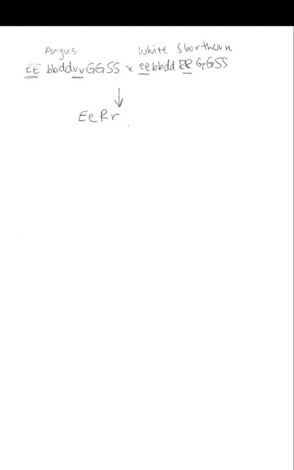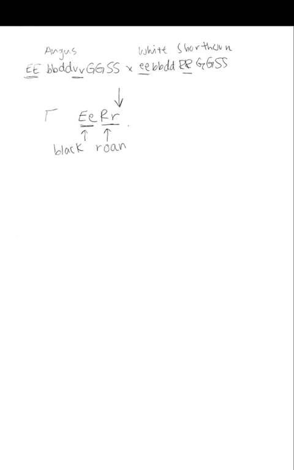And whenever I'm doing these, I always like to write the more dominant allele in front of the more recessive one. So like we talked about in our slides earlier, we have one big E, so that's going to give us the black base color, and then big R, little r gives us a roan. So our final answer for this one will be black roan.